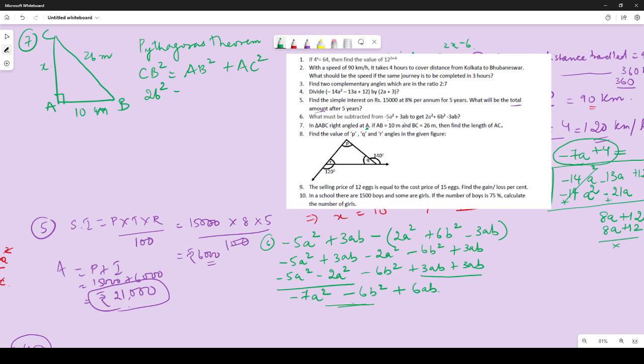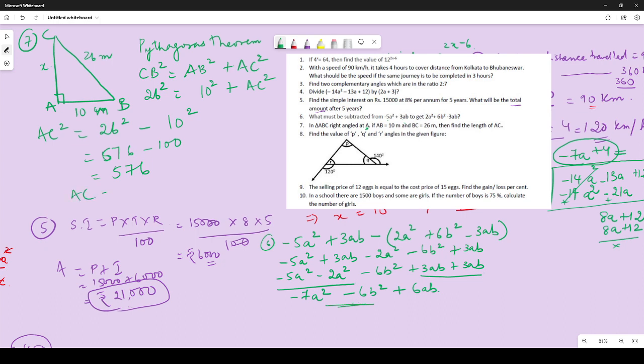This means 26 square is equal to 10 square plus AC square. Now we have to find AC square. So AC square is equal to 26 square minus 10 square. This comes to 676. 26 square is 676 minus 100, which makes it 576.